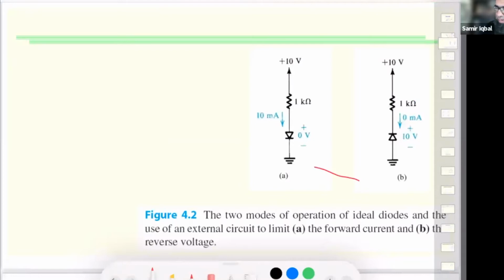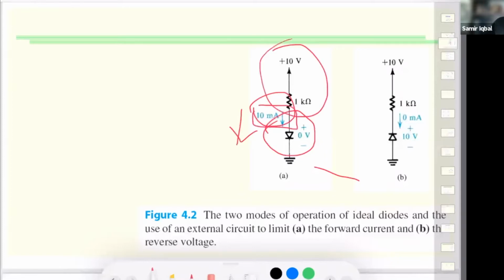So for this case, we are showing there's 0 volt across the diode, so whatever you get is flowing through. And this is Ohm's law, where you can just get the current from V over R, so that everything then flows.